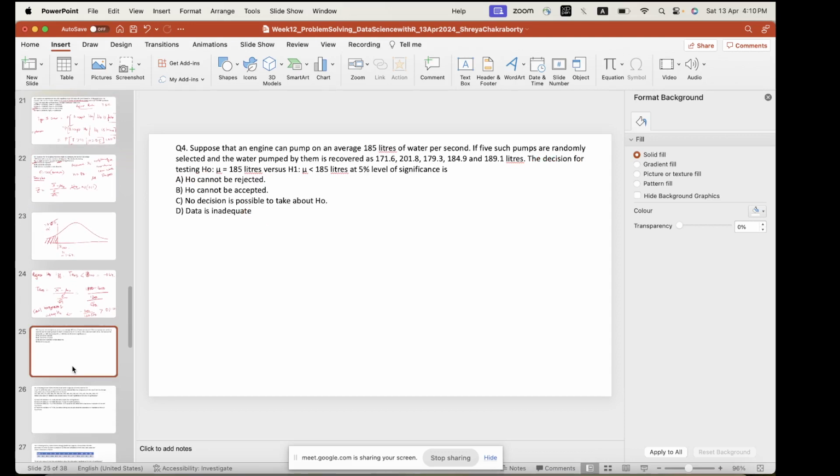Let's say this one. Suppose that an engine can pump on an average 185 liters of water per second. If 5 pumps are randomly selected and the water pumped by them is this, the decision for testing H naught: mu equal to 185 versus H1: mu less than 185 at 5% level of significance is how much?